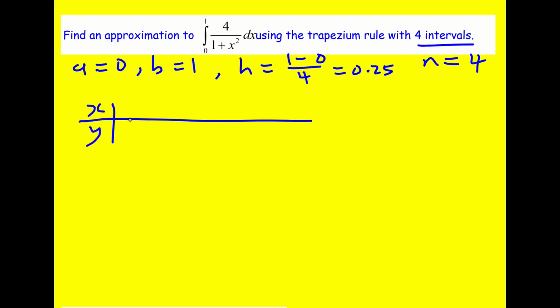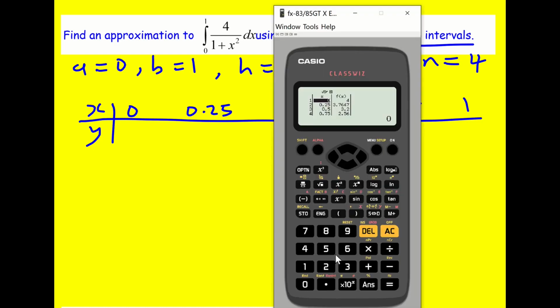X, Y. First one is going to be 0, then we add on h, then we add on h again, and again, and again. Work out the values of y. I would use the table function now.